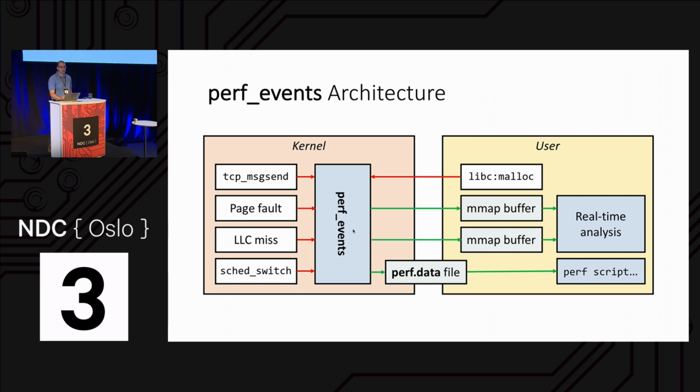Or PERF can write the data into a memory-mapped buffer, and then you can have some real-time process looking at the events in that buffer and just processing them in real time. So if you have very high-frequency events, you probably don't want to dump them out to a file for later analysis because you'll have huge, huge files. So you can instead use the memory-mapped buffer approach.